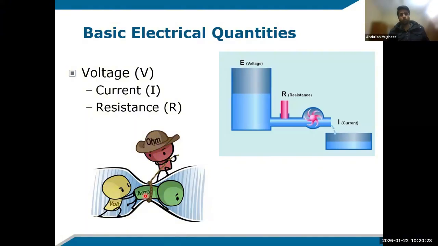Okay, so we need voltage to push the current. It is the current that is actually going to work ultimately, but without voltage, it can't do anything. So we can think like this: voltage is a tank that has all that energy.